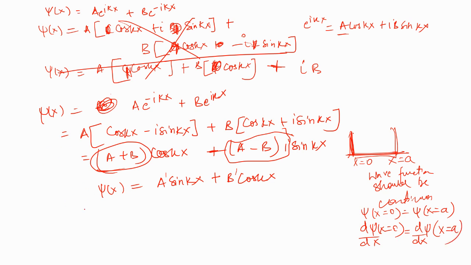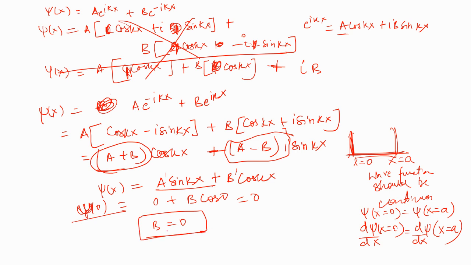At x equal to 0, the sin term goes to 0 because x is 0, and cos 0 is 1, so B is equal to 0, because the wave function should be continuous at the boundary and it is 0 at the boundary. Applying this, the wave function is psi equal to A dash sin kx.